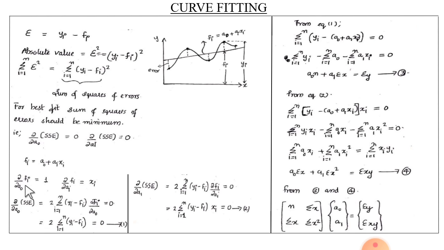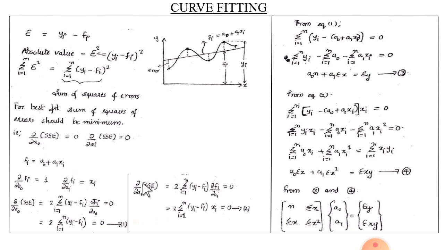So dou by dou a0 of fi is equal to 1 and dou by dou a1 of fi is equal to xi. Then dou by dou a0 of SSE is obtained as 2 into sigma i equal to 1 to n (yi minus fi) into dou fi by dou a0 is equal to 0. From here you will get 2 into sigma i equal to 1 to n (yi minus fi) is equal to 0. Take it as equation number 1.